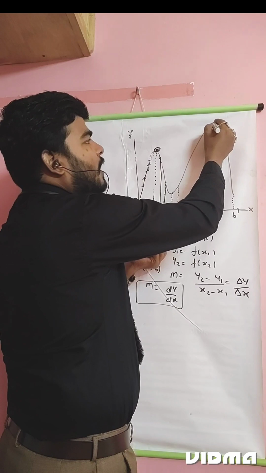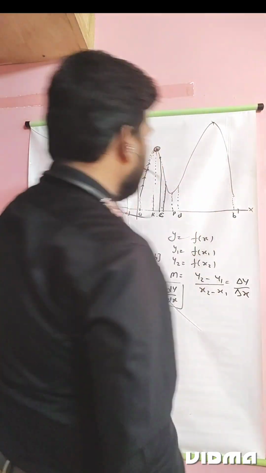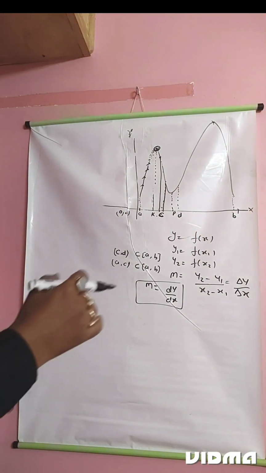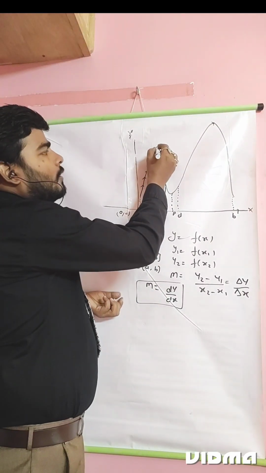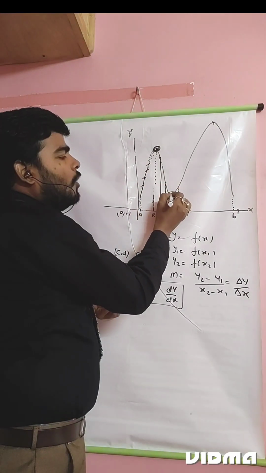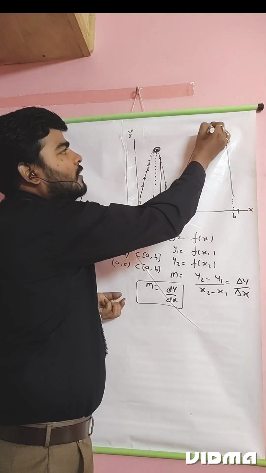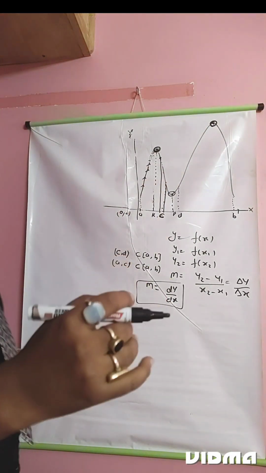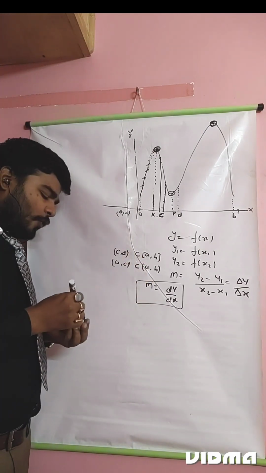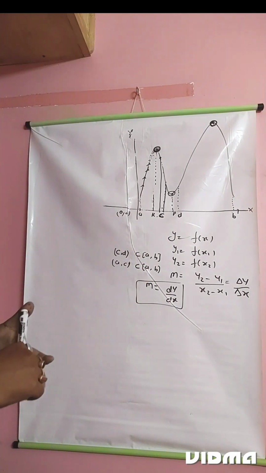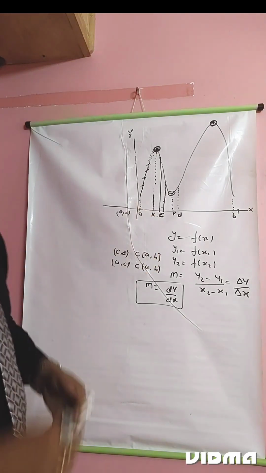And after this point, the curve is again decreasing. So there are these three points where the curve changes its nature one by one. These are called critical points because these are the points where the curve changes its nature. So what is the critical point? The points where curves change their nature are called critical points.